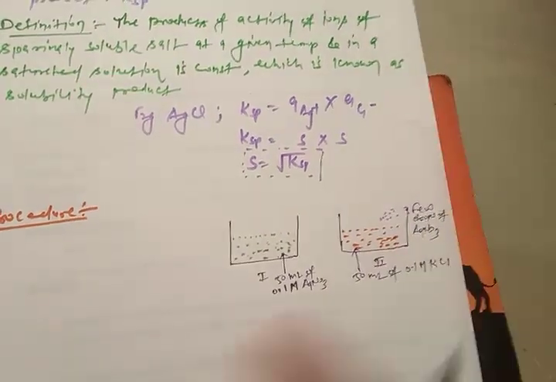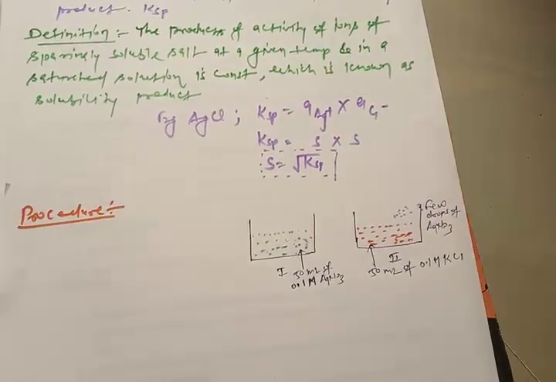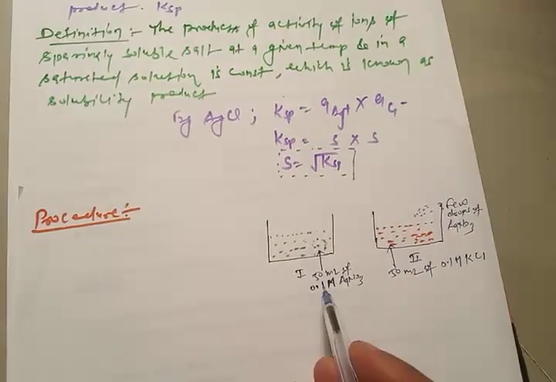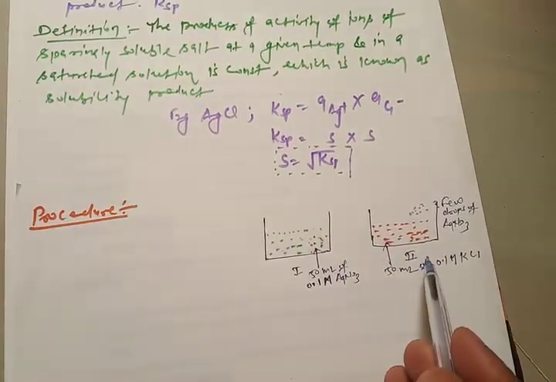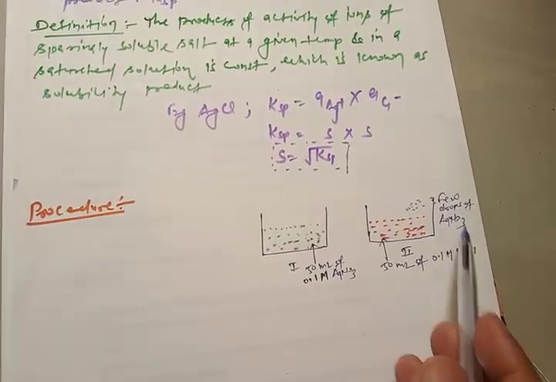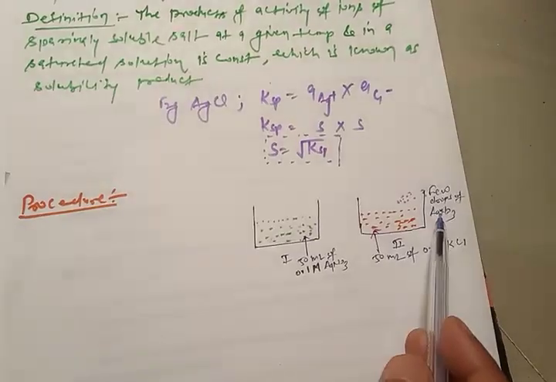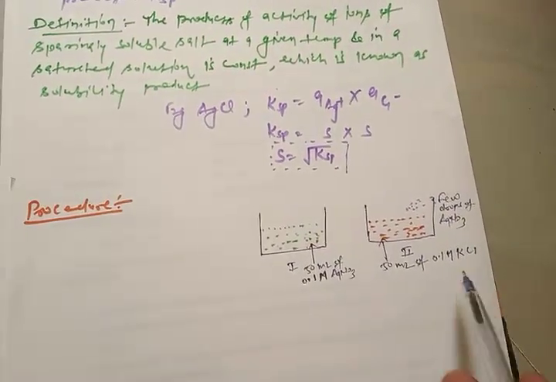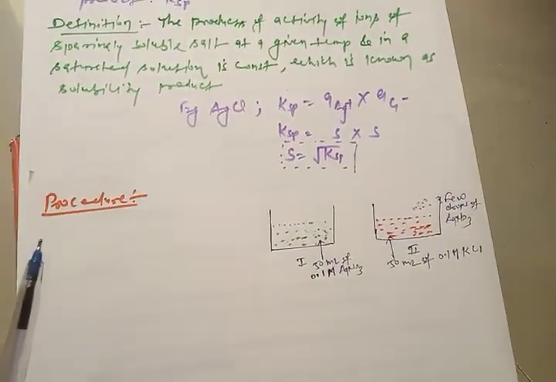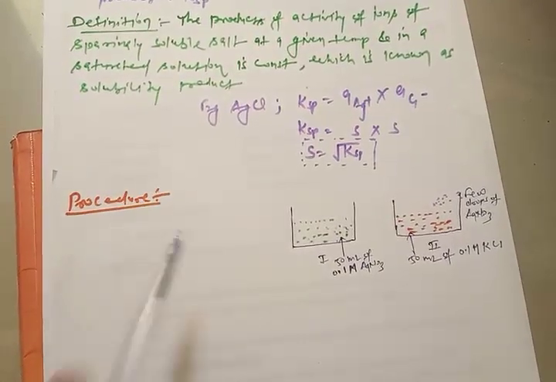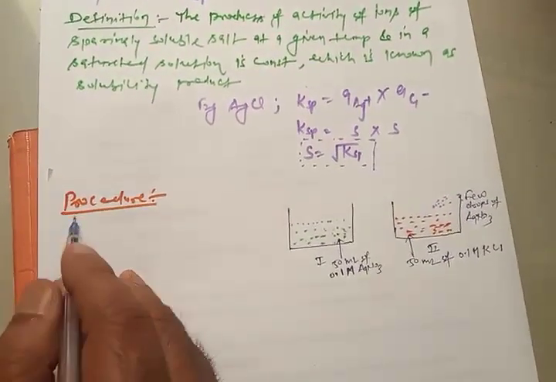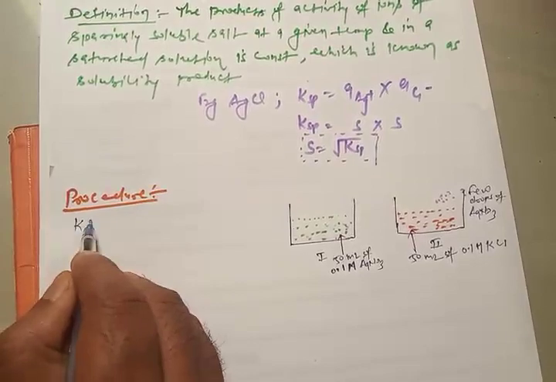Silver nitrate. Okay, now what will happen? Here you have added a few drops of silver nitrate, and this is one of the fastest reactions. Silver nitrate with KCl or any salt like NaCl will quickly give you a precipitate of what? AgCl.